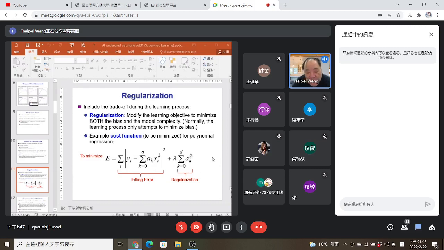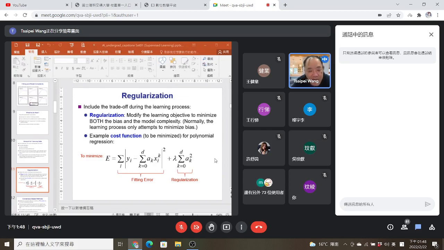If a coefficient becomes zero, that basically means a term is removed from your model, so it makes the model less complex. That's the idea of regularization. This is called an L2 regularization because it's squared. It's like the L2 norm if you collect the coefficients as a vector.